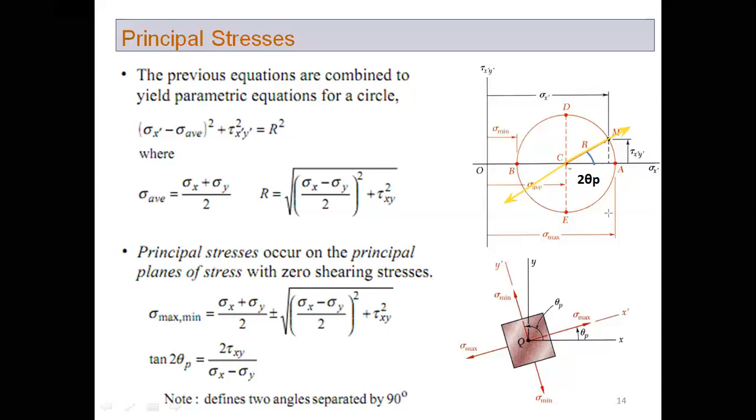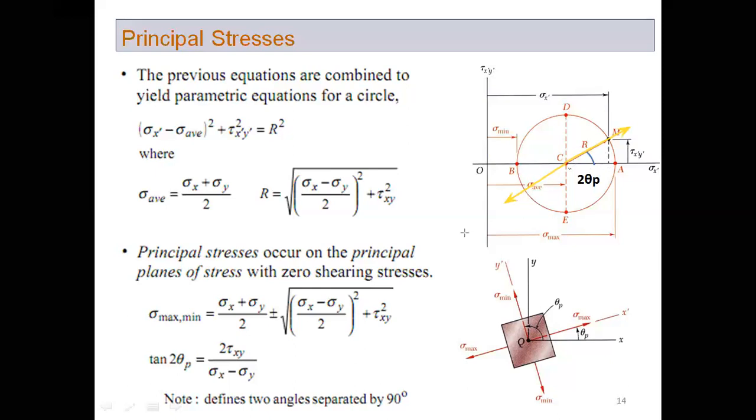And in this right angle triangle, where this angle is 2 theta p, this vertical is tau x prime y prime, and the horizontal base is sigma x minus sigma y.